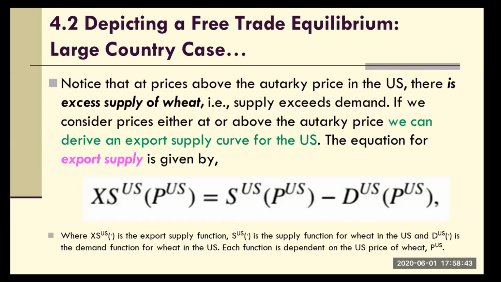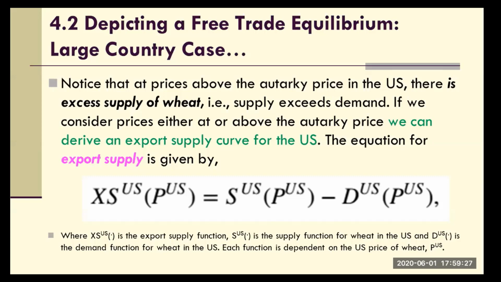Just note that at a price above the autarky price in the US, there is an excess supply of wheat, that is, supply exceeds demand. If we consider prices at or above the autarky price, we can derive an export supply curve for the US. The equation for the export supply is: export supply of the US, as a function of price, is equal to supply of the US at that price minus demand of the US, Q demand of the US at that price.